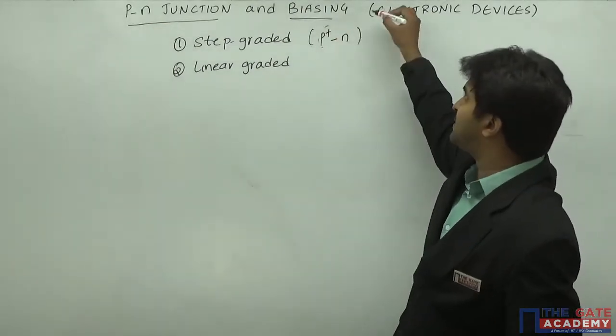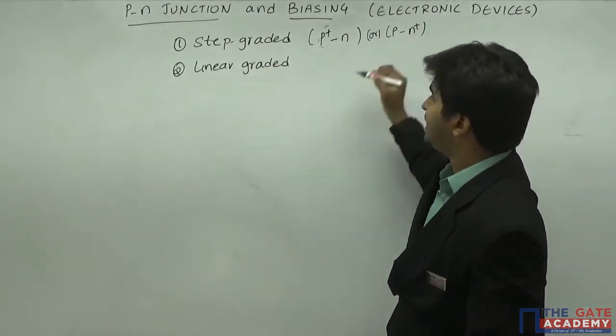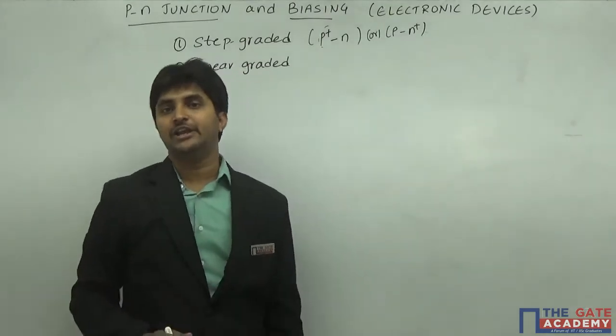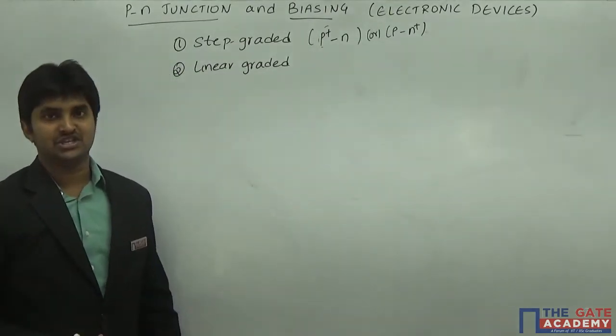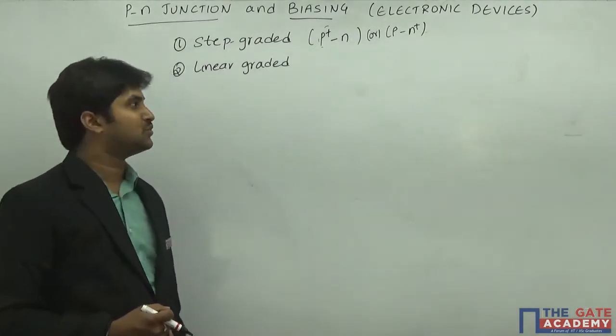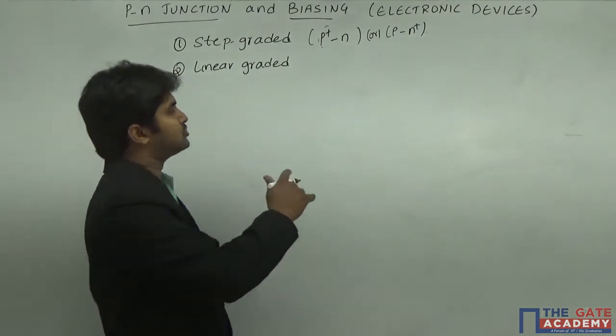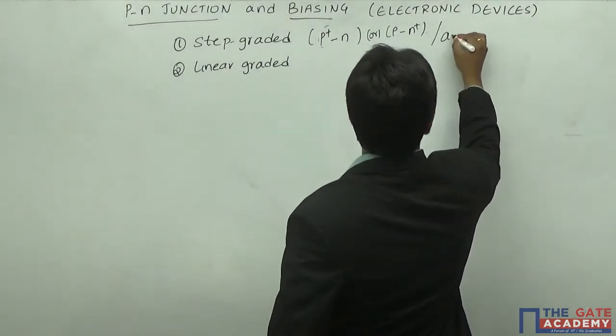It can be either P plus N or P N plus, indicating that one region is highly doped when compared to the other region. That is what we call a step graded PN junction, which we can also call an abrupt junction.